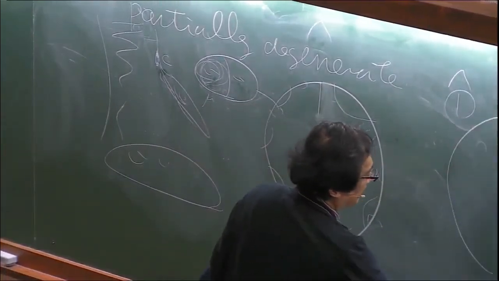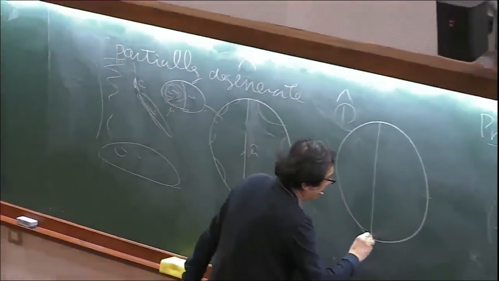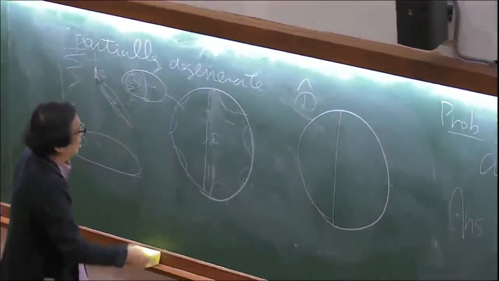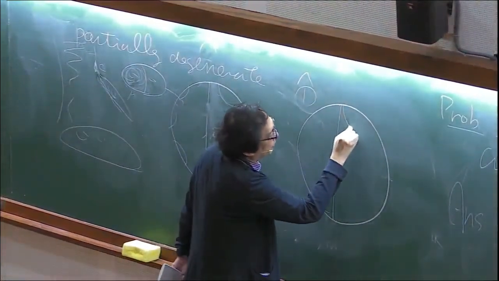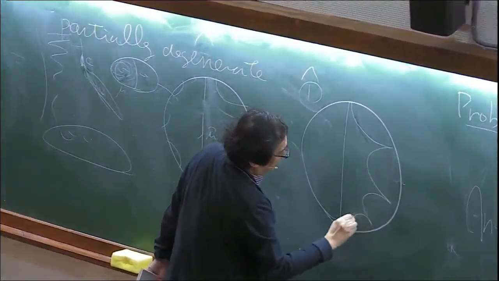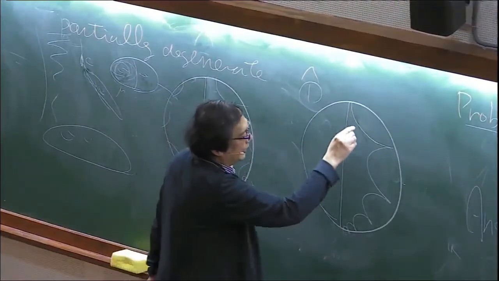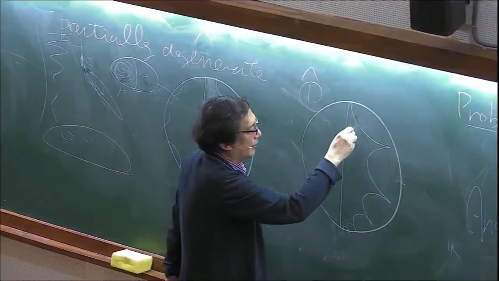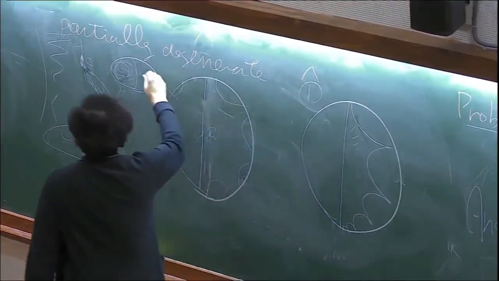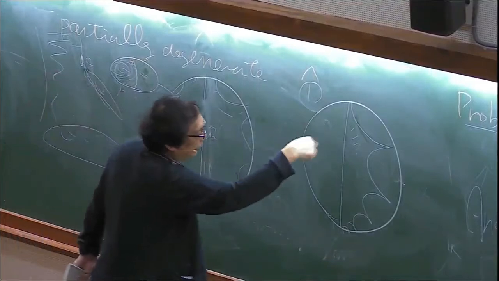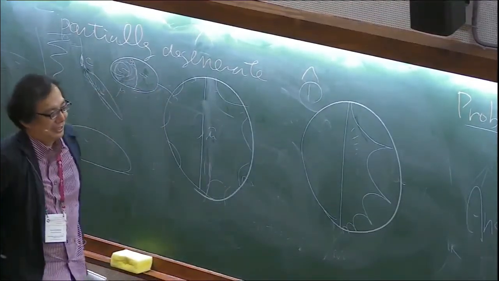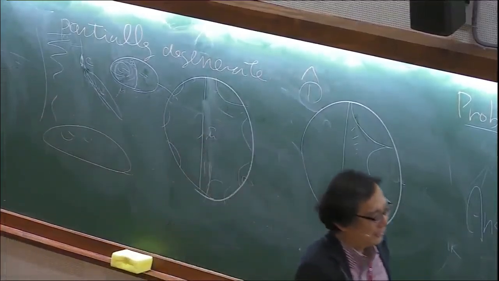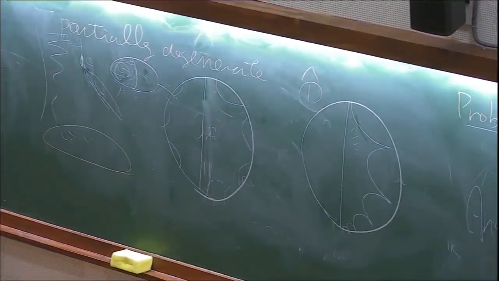So you have a lift of C, and you have a lift of mu, and there is one component of the complement of mu for which, if you lift it to the hyperbolic plane, what you get is a polygon with infinitely many vertices at the circle at infinity.